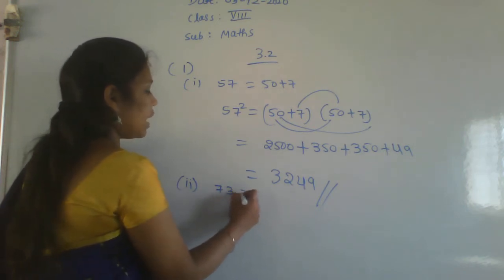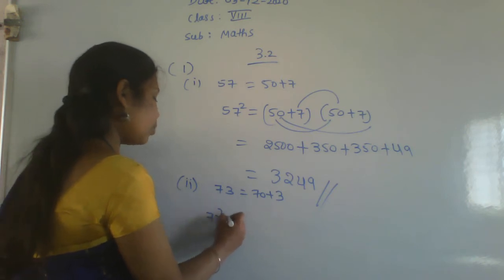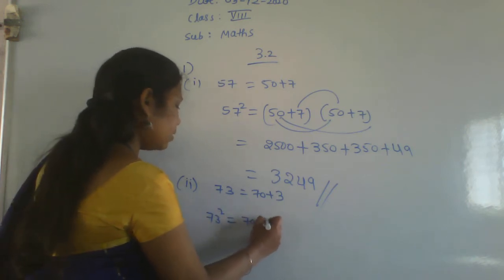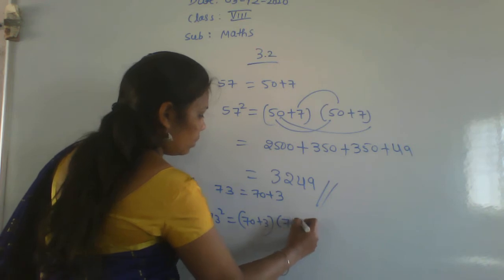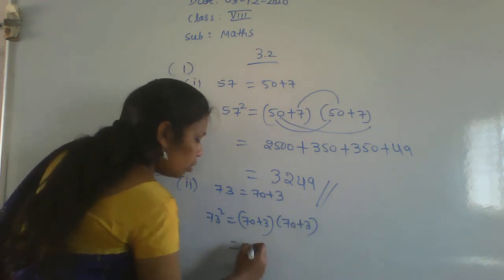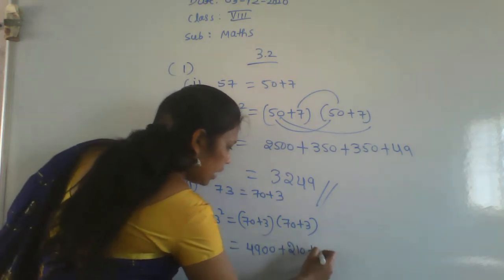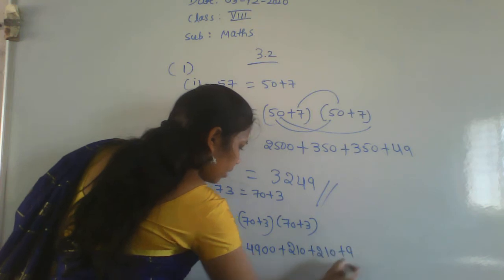So go for the second one, that is 73. 73 can be written as 70 plus 3. So 73 whole square is nothing but (70 plus 3) into (70 plus 3). So 70 into 70 is 4900, plus 210, again plus 210, plus 9.